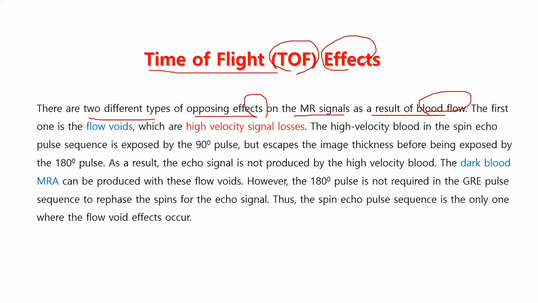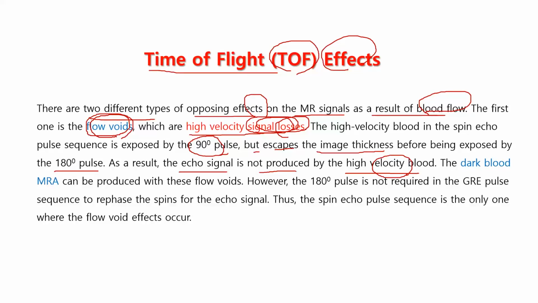The first one is flow voids, which are high velocity signal loss. The high velocity blood in the spin echo pulse sequence is exposed by the 90-degree pulse, but escapes the image thickness before being exposed by the 180-degree pulse. As a result, the echo signal is not produced by the high velocity blood.